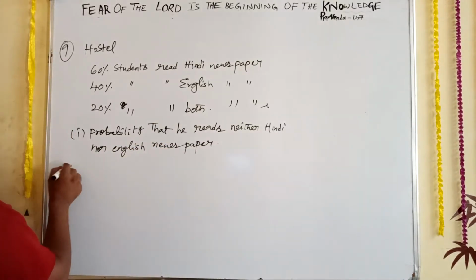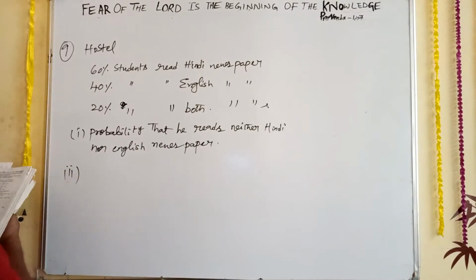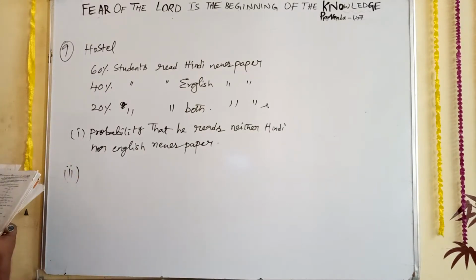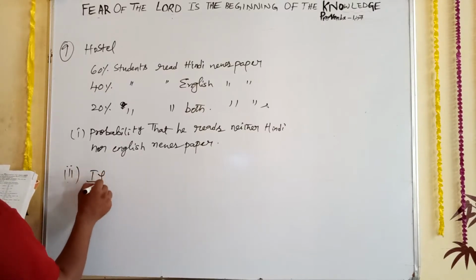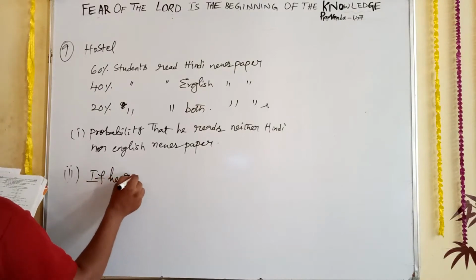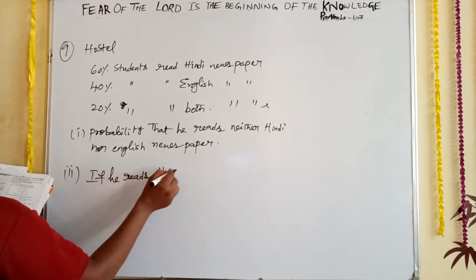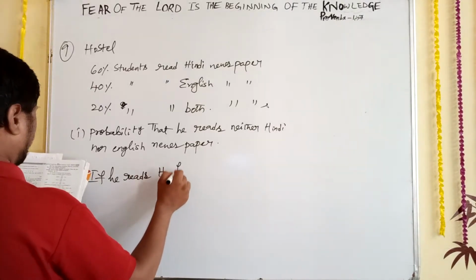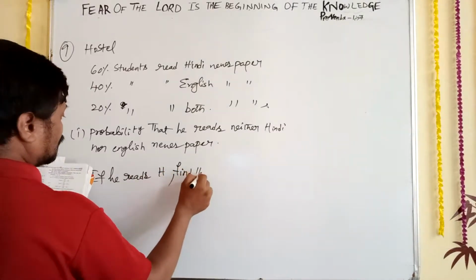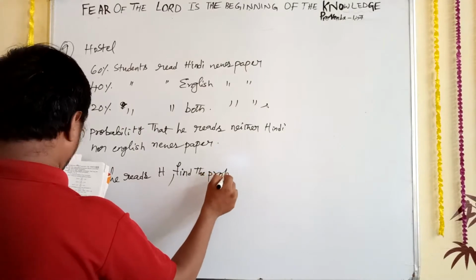Second one, if he reads Hindi newspaper, find the probability that he reads English newspaper.